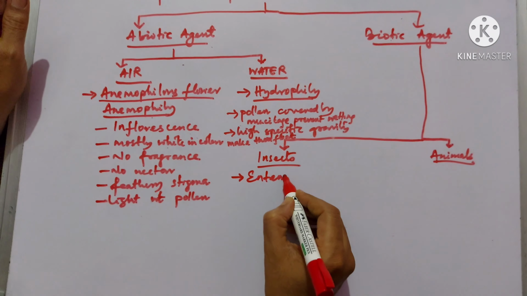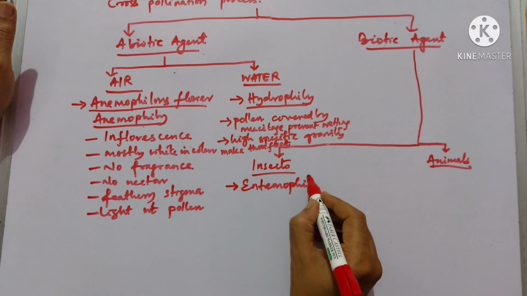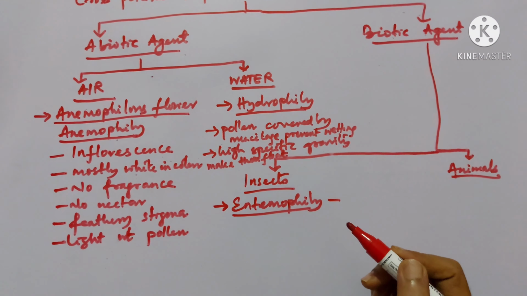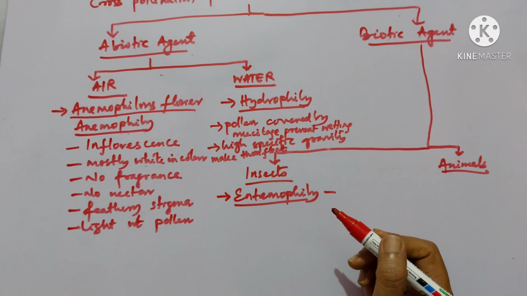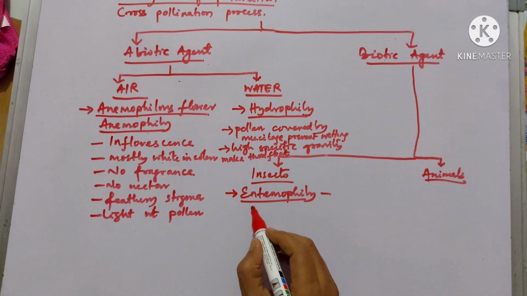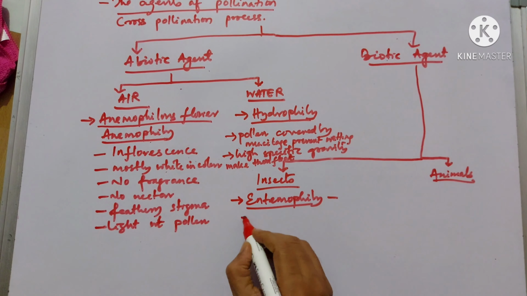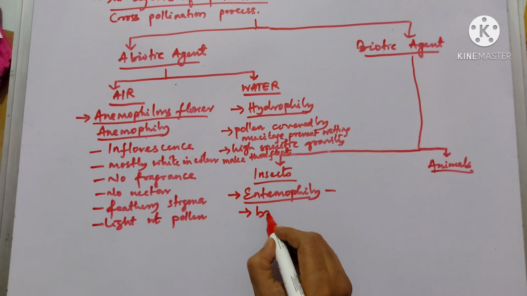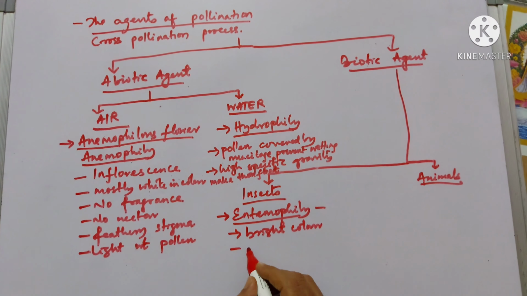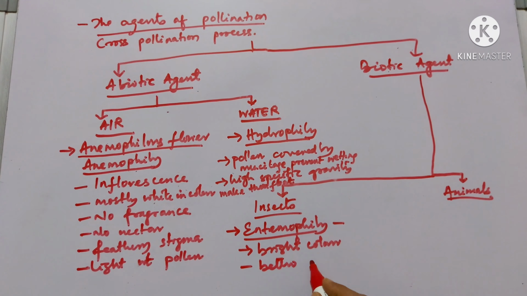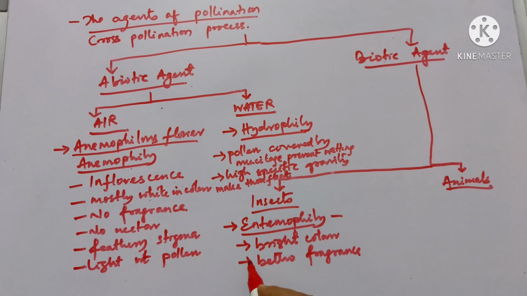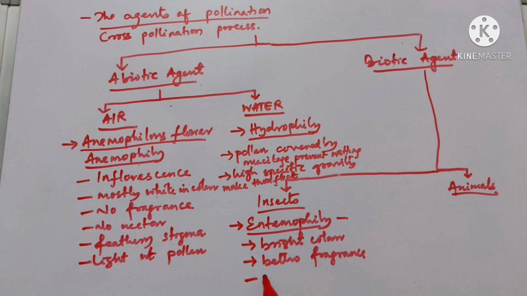Then the biotic agents include insects and animals. Insect pollinated flowers are called entomophily, because entomology is the study of insects. Insect pollinated flowers have special characters like bright color, better fragrance, and presence of nectar.